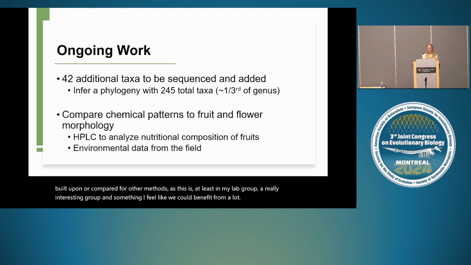And more specifically, one of my lab mates that helped with the construction of the tree is working on fruit and flower morphology. She also plans to look at the nutritional compositions of the fruit, and she has some field trips lined up. Hopefully she'll be able to collect some relevant environmental data, and then we'll compare that to the results from this study.